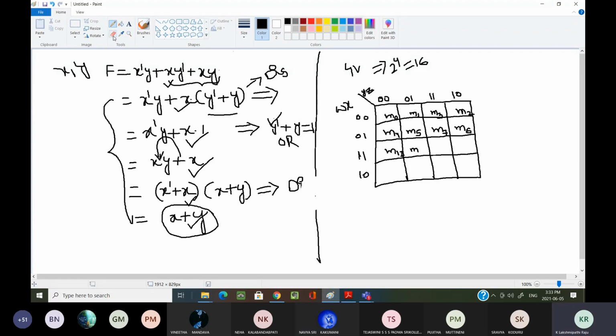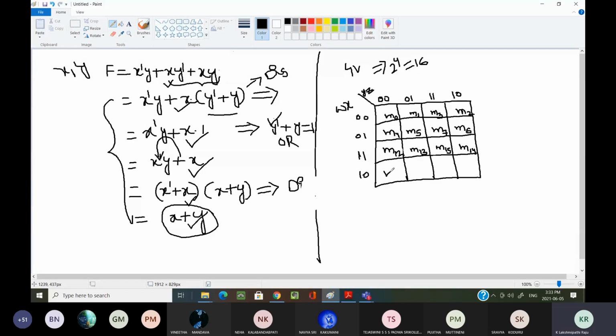What have I written here? See my screen. M12. Very good. What is here? M13. What is here? M14. Sorry, M15.